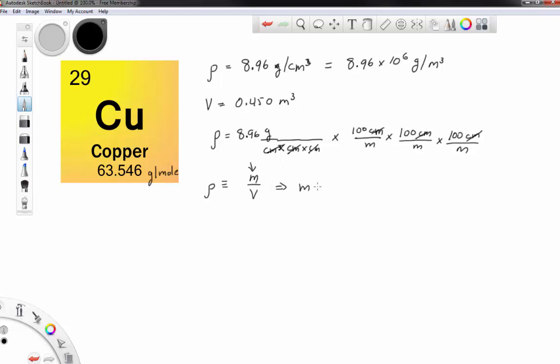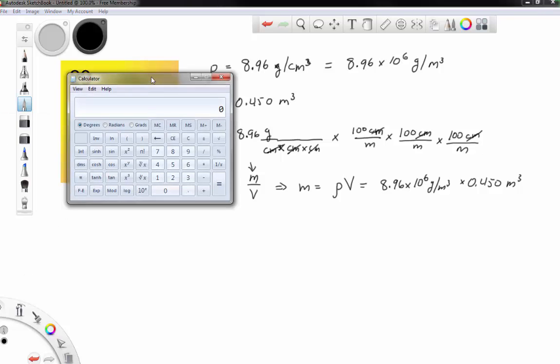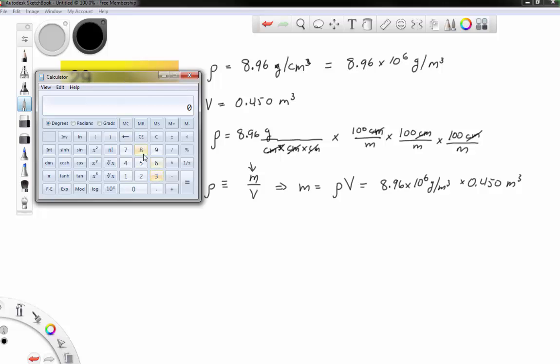So to do that, we would have mass is equal to density times volume. So that's going to be 8.96 times 10 to the 6th grams per meter cubed times 0.450 meters cubed.